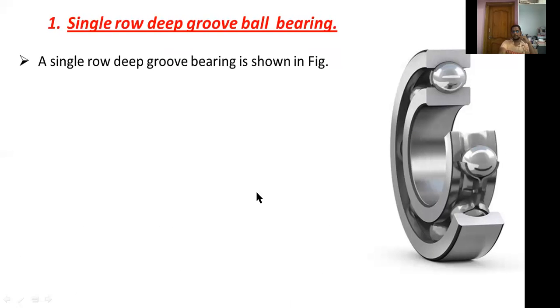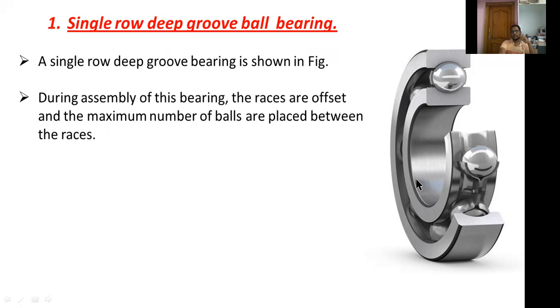A single row deep groove ball bearing is shown here, and during assembly of this bearing the races are offset and the maximum number of balls are placed between the races. You can observe here, this is the inner race and this one is the outer race.